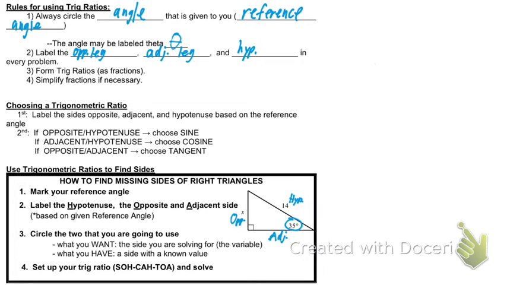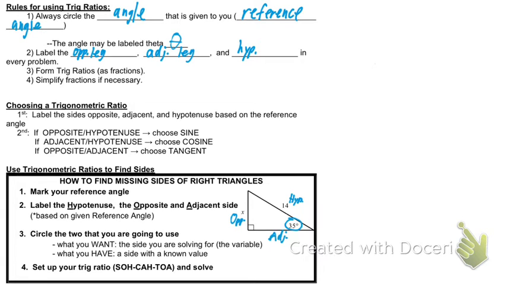So we have the hypotenuse. And what side are we looking for? The opposite. Right now we don't really care about the adjacent, to be truthful. I mean, it's not very important. So you can either circle the two you want to use, or we can just note the two we want to use.